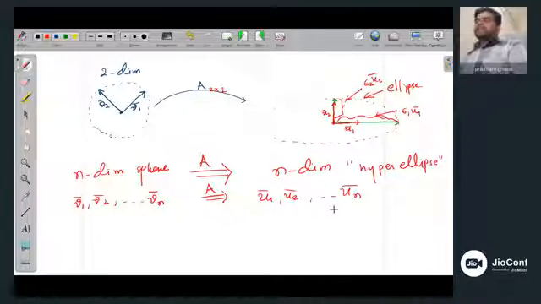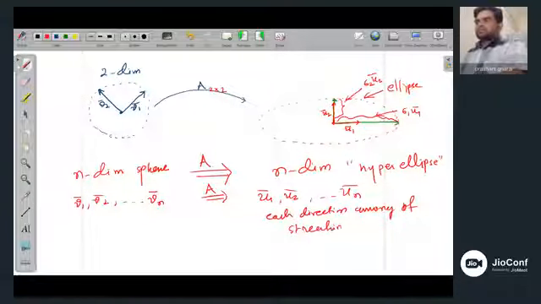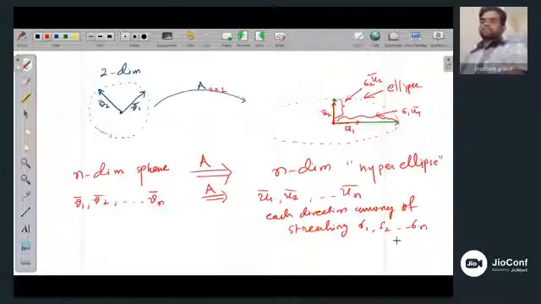And in each direction, there will be a stretching of some amount, of sigma 1, sigma 2 up to sigma n.